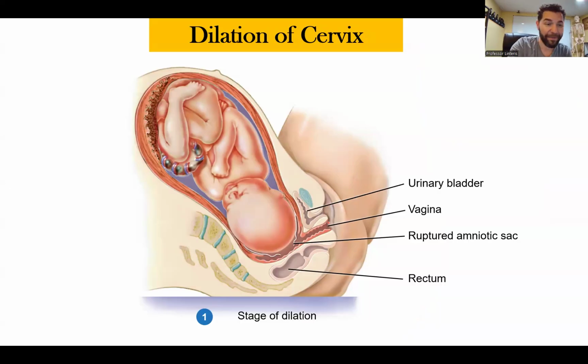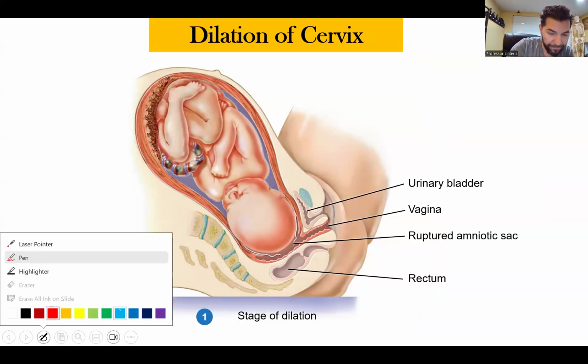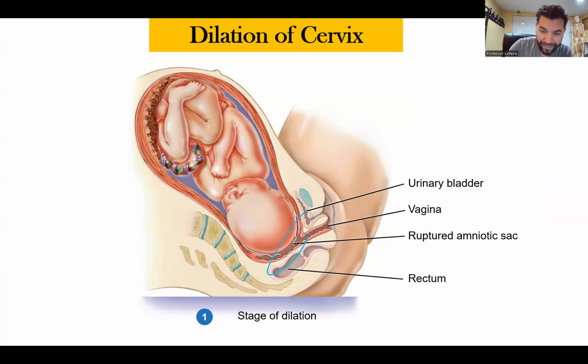So what needs to happen, right, in order for this baby to come out is cervical dilation, rupturing of the amniotic sac, right? That will open up the cavity, allowing for the head of the fetus to exit.